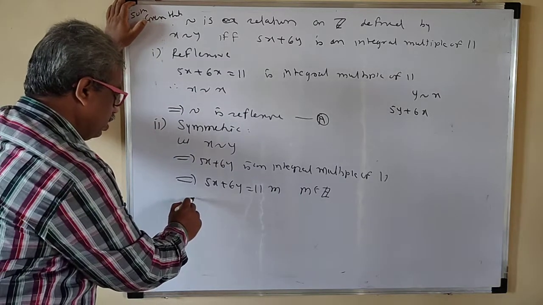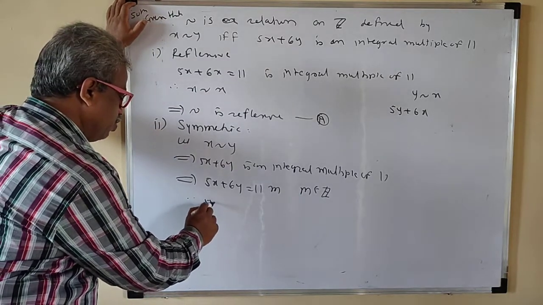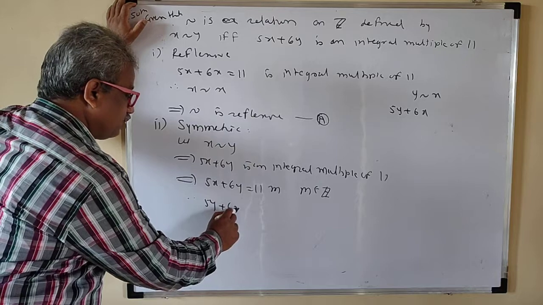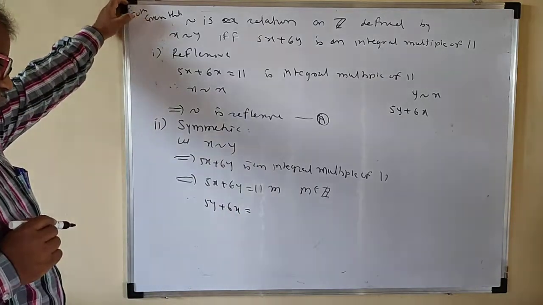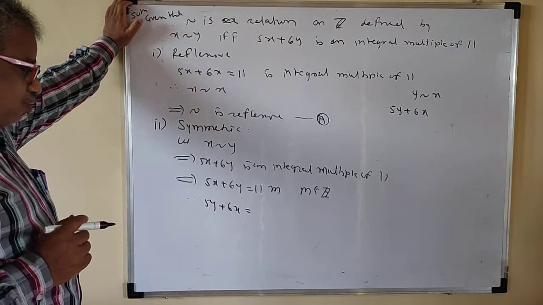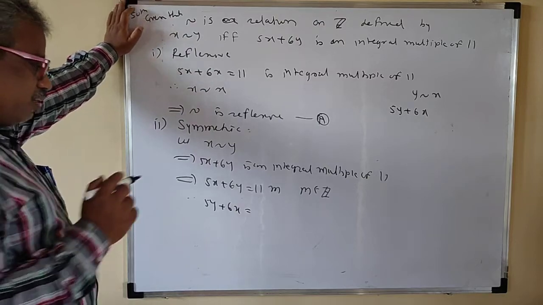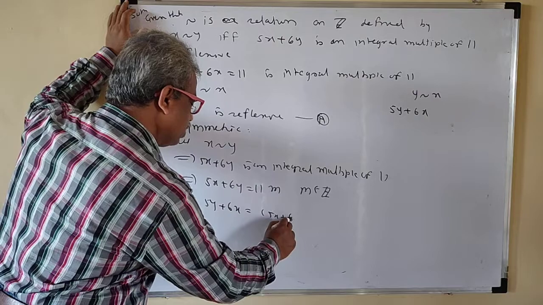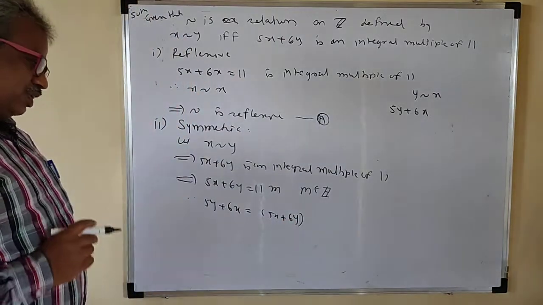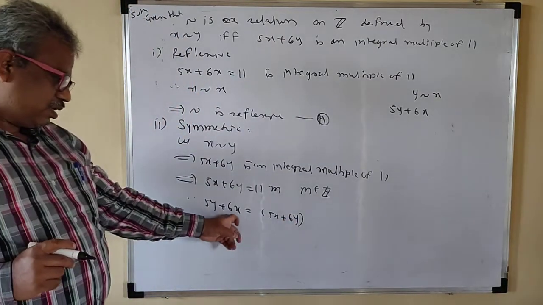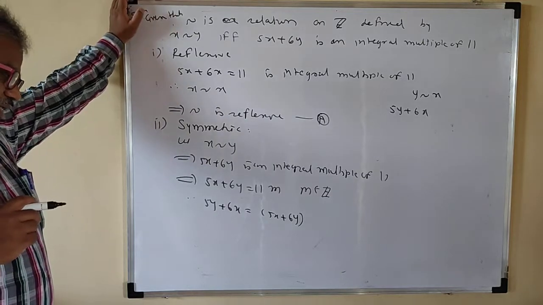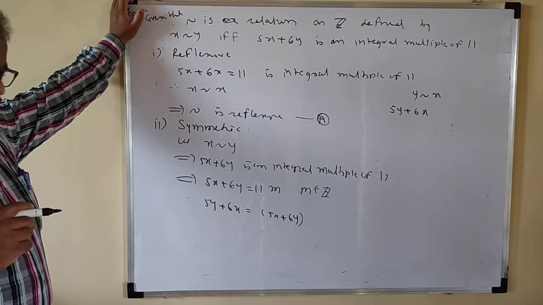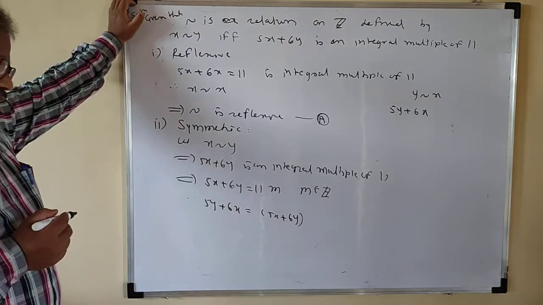So we have 5x plus 6y is equal to 11 times m. Now how can we get 5y plus 6x? Here there is a 6x, and there is only 5x.